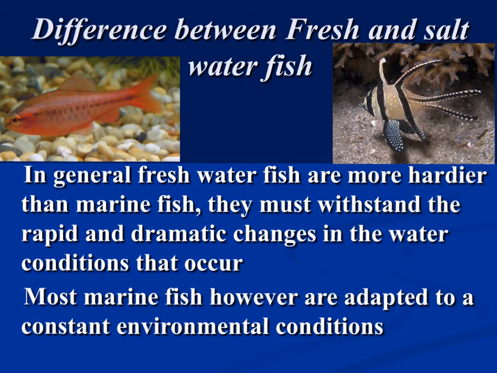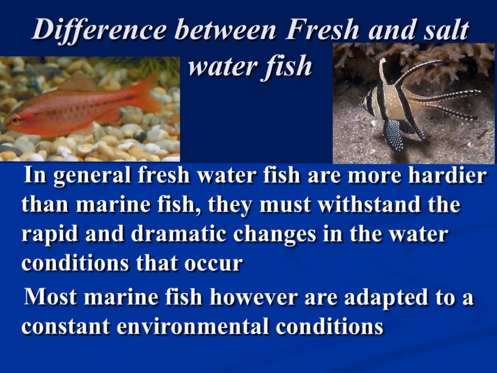And because the ocean's so large, the temperature doesn't change much. So your marine fish typically do best at around 78 degrees. They prefer a pH of around 8.3. They prefer a salinity of 1.22. Everything has to be extremely stable for them.